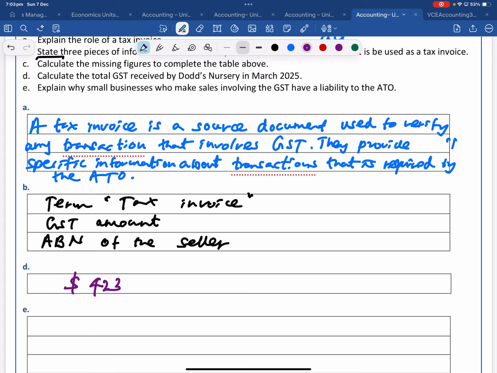If it is more than that, then it is compulsory. Also, regardless, some businesses like taxi or Uber have to pay GST regardless. We call this the GST threshold, 75,000.